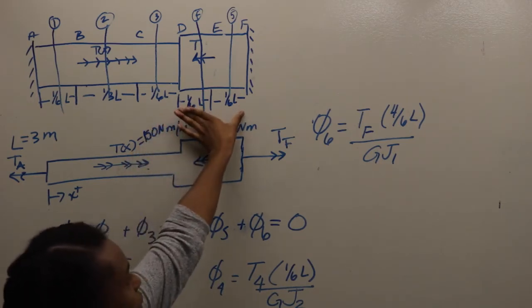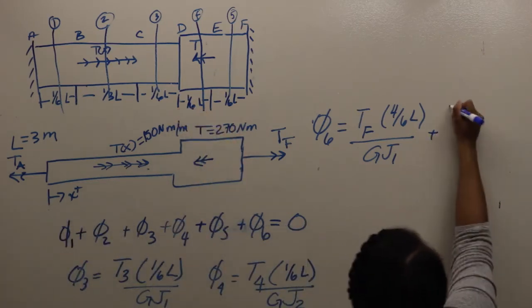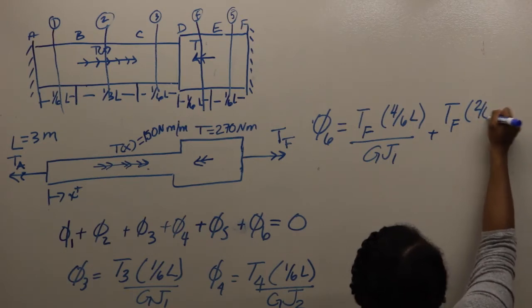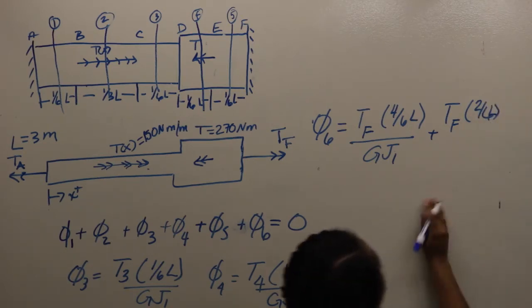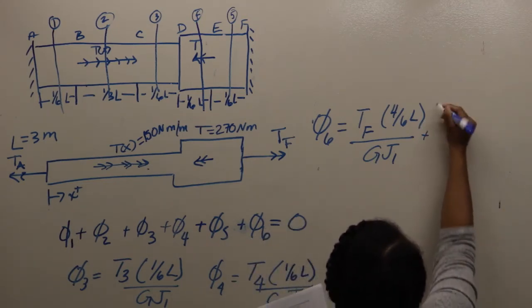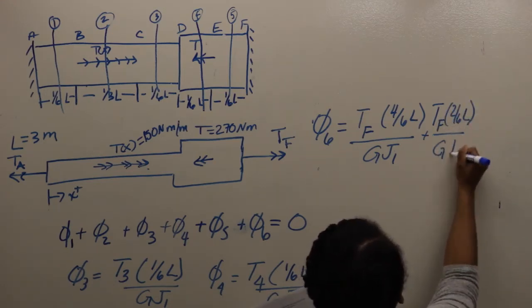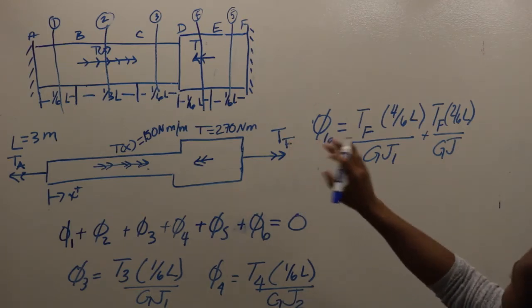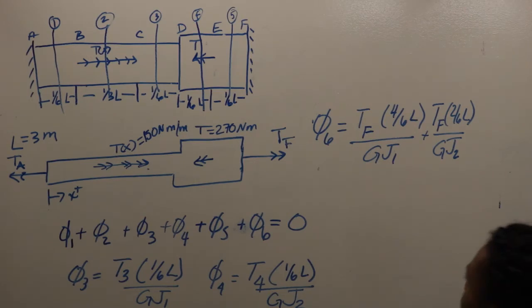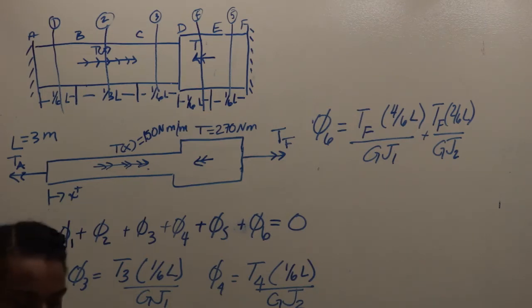Now, what is the impact of the reactive force F on DF? But the polar moment of inertia of the second bar will be used there. So that's the compatibility equations, and I broke it down into the torque displacement equations for the whole shaft.